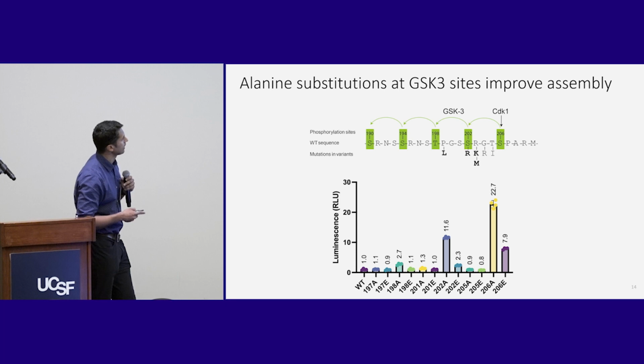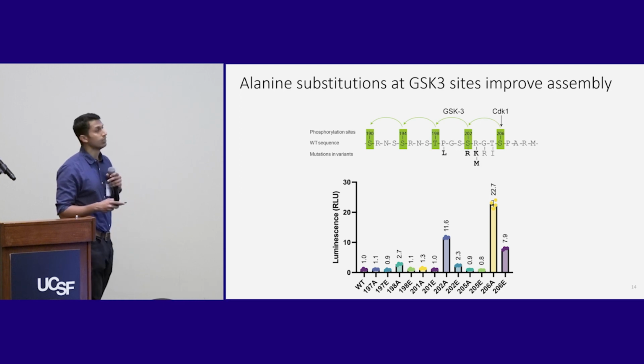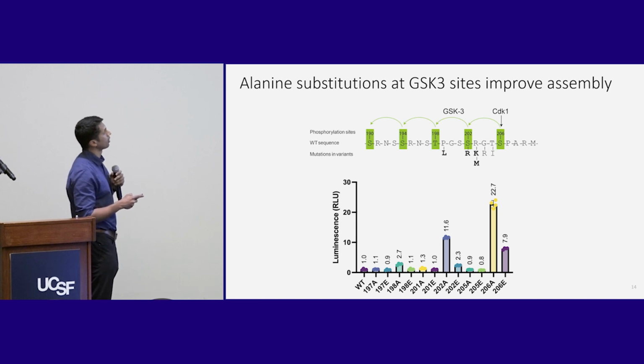So here's further data. If we generate specific mutations, the way GSK3 phosphorylation works is that there's a priming kinase that phosphorylates at 206, and then GSK3 phosphorylates every 4 amino acids upstream of this site. So if you block the 206 phosphorylation, you'll block all 5 of these kinase events.